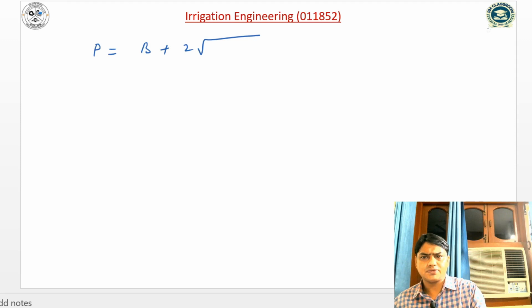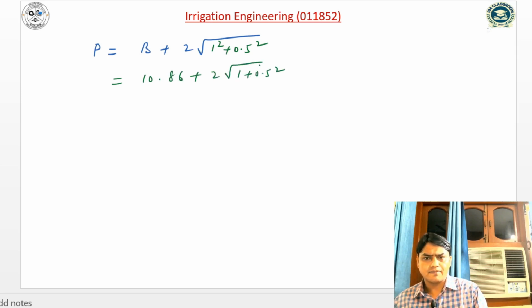So we can write 1 square plus 0.5 square, and b is 10.86 plus 2 into the square root of 1 plus 0.5 square. So the value will be 10.86 plus 2 times square root of 1 plus 0.5 square. So the perimeter is 13.1 meter.